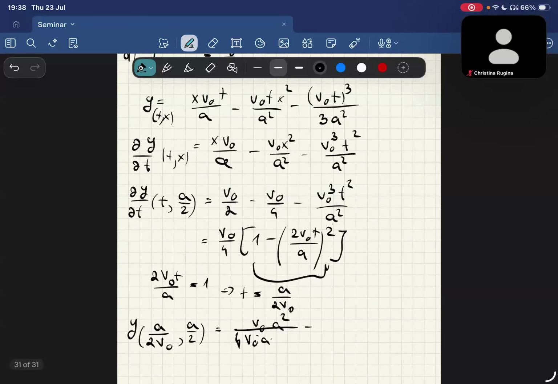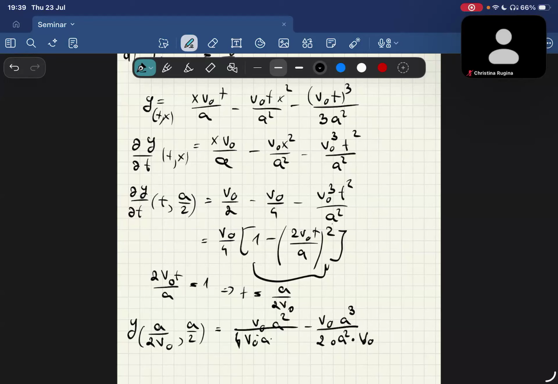Okay, minus v0 a cubed over 2v0 times a squared times v0 squared, so it's the third power here. No, sorry.